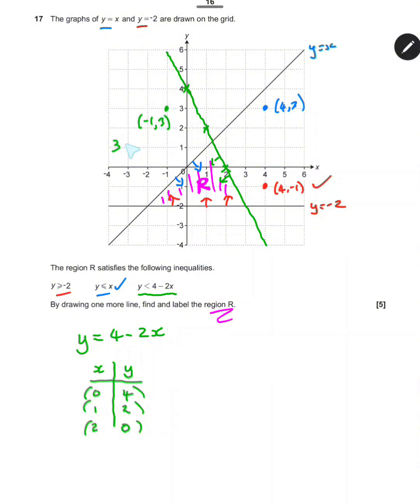Is 3 less than 4 take 2 times -1? 4 take 2 times -1 is 4 take -2, which is 6. And yes, 3 is less than 6. So that's definitely my region that I should have labelled.